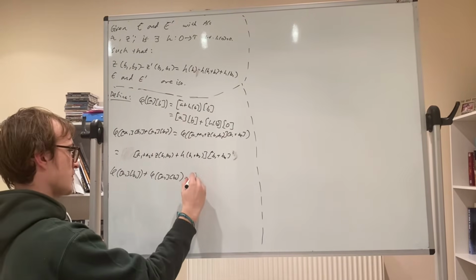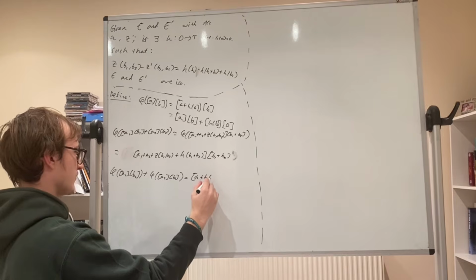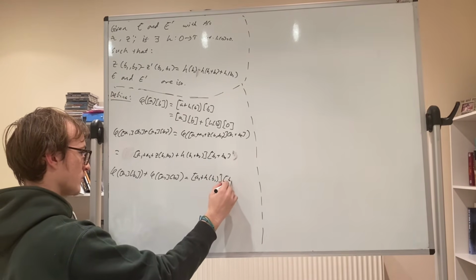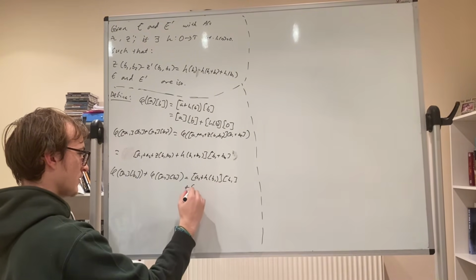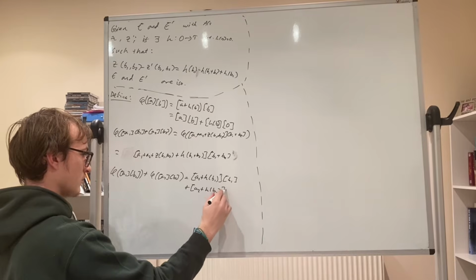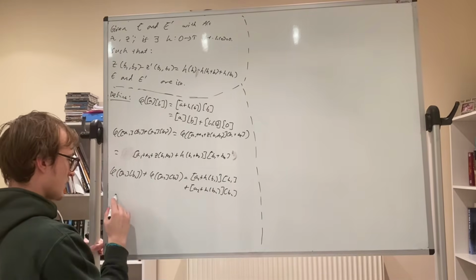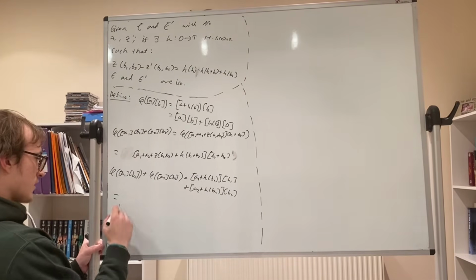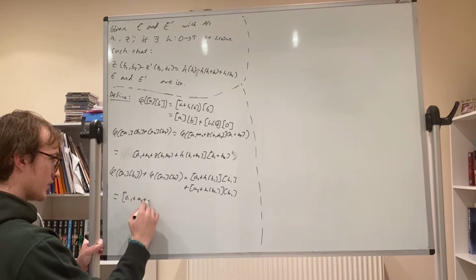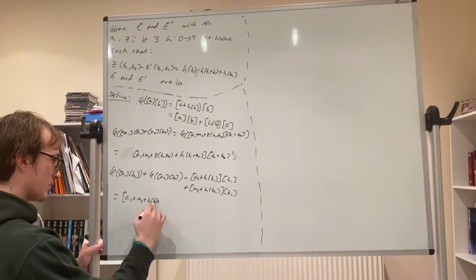This is just (A1 plus H of B1, B1) plus (A2 plus H of B2, B2), and this is equal to A1 plus A2 plus H of B1 plus H of B2.